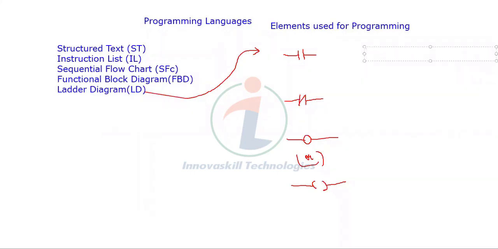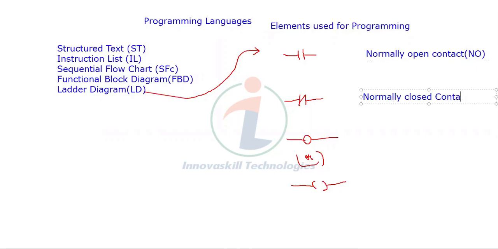This is called normally open contact or NO contact. Normally closed contact or NC contact.